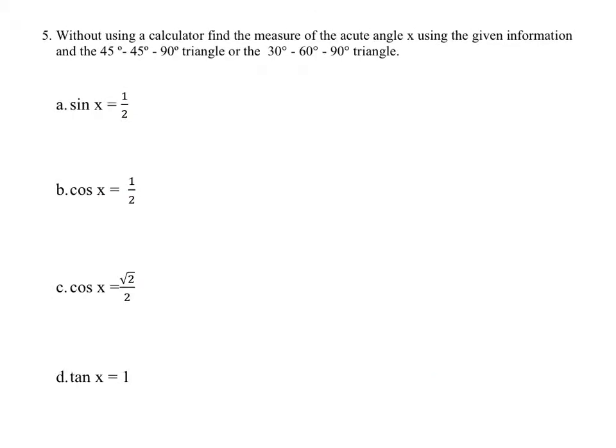Okay, now for these, without using a calculator, we're going to find the measure of the angle. So I want to find an angle whose sine is 1/2. So the minute I see that, I'm going to write down, this is so exciting, the 30, 60, 90 triangle that I know and love.